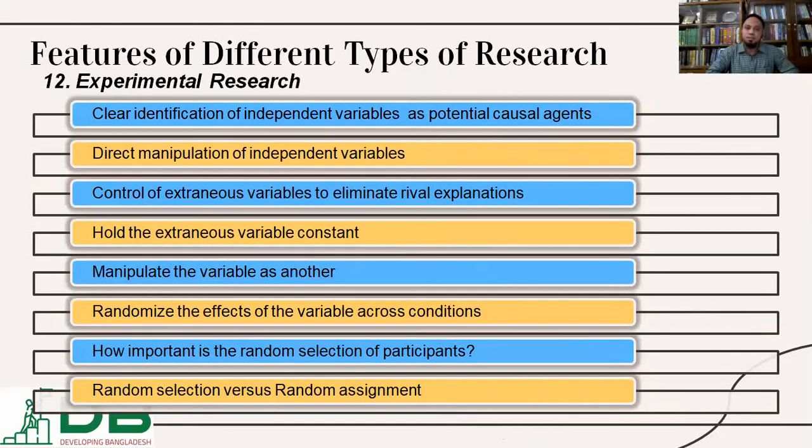Experimental research. From the name, it is clear that it involves identification of independent variables as a potential causal agent, and observing the effects of that particular variable. For example, if someone gets infected by COVID-19, then the effect would be fever.